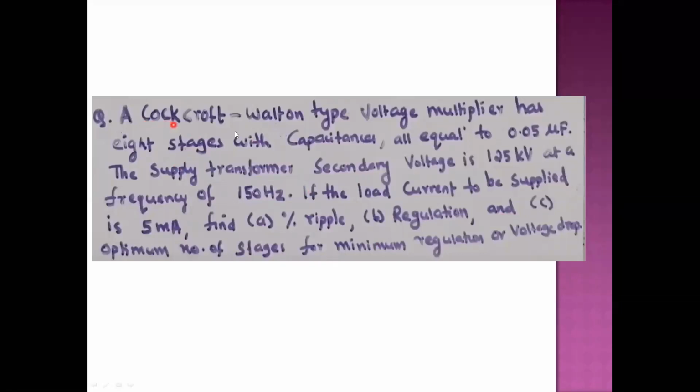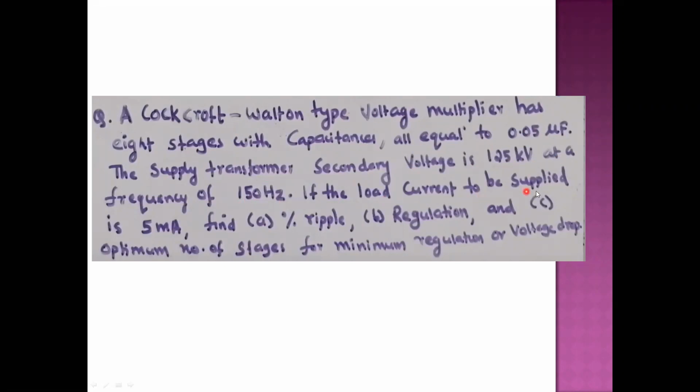A Cockcroft-Walton type voltage multiplier has 8 stages with capacitances all equal to 0.05 microfarads. All capacitors are equal, 0.05 microfarads. The supply transformer secondary voltage is 125 kV, that is V maximum, at a frequency of 150 Hz.